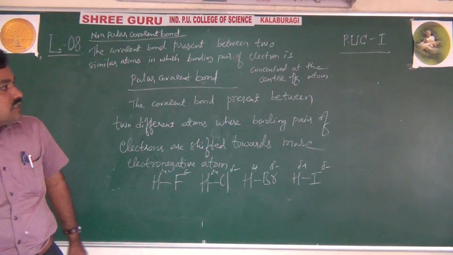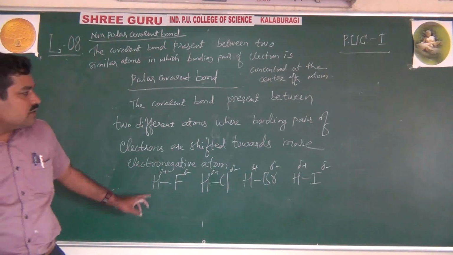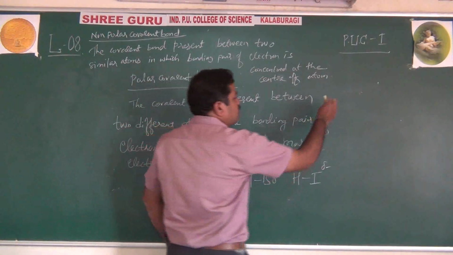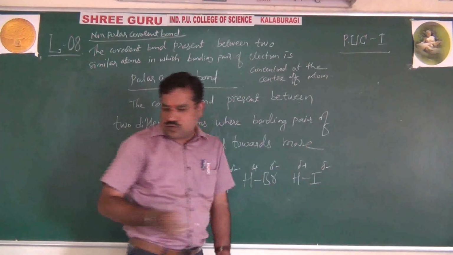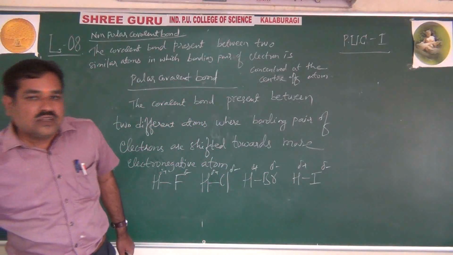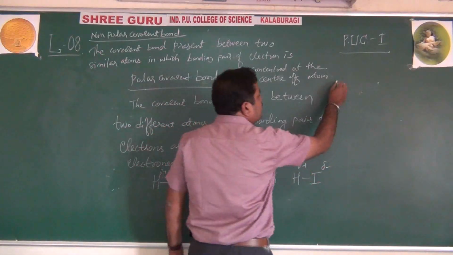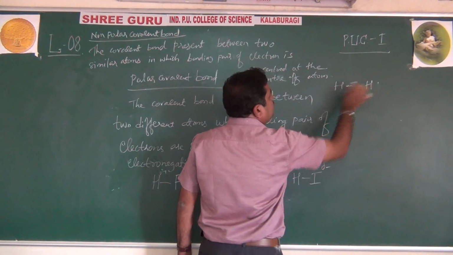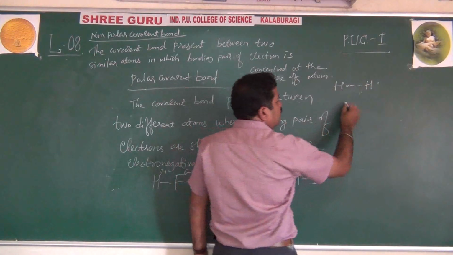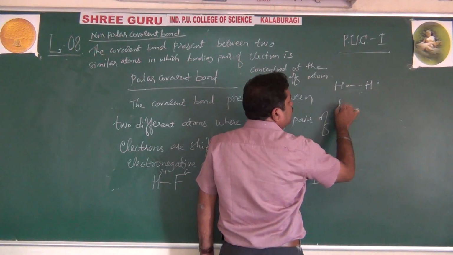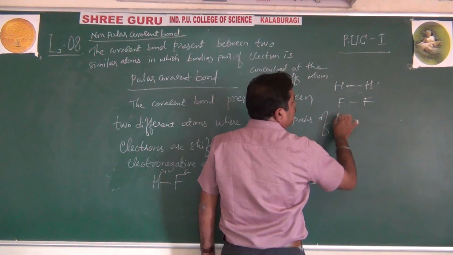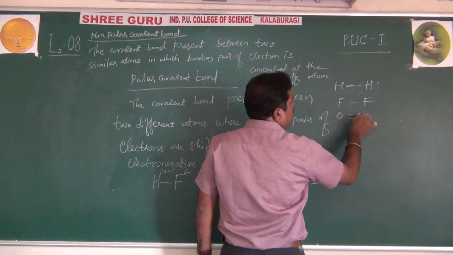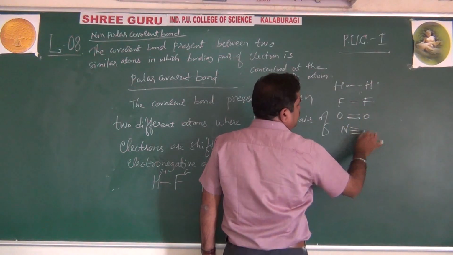For example, I will give you here only because both are related to each other. Homonuclear diatomic molecules like hydrogen. See, it is concentrated at the center of two atoms. Hydrogen, then chlorine, oxygen, then nitrogen.